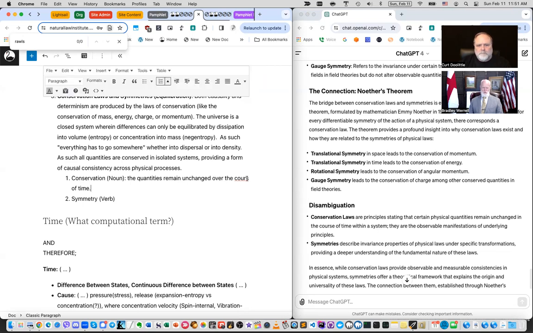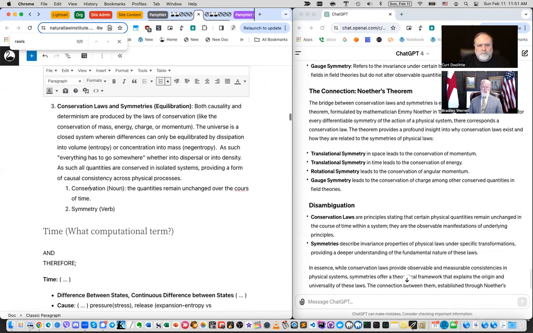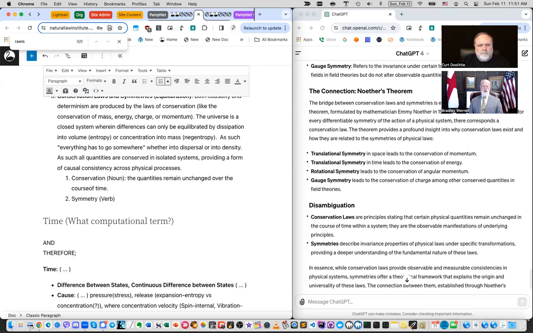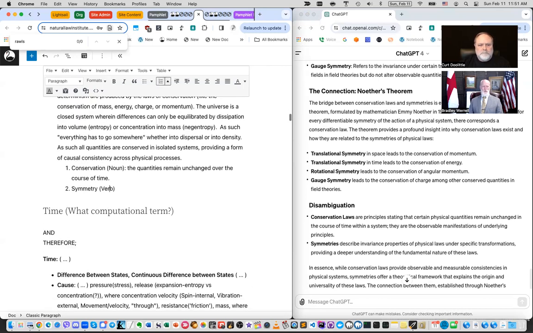And the symmetries describe the constancy of operations, potential operations.